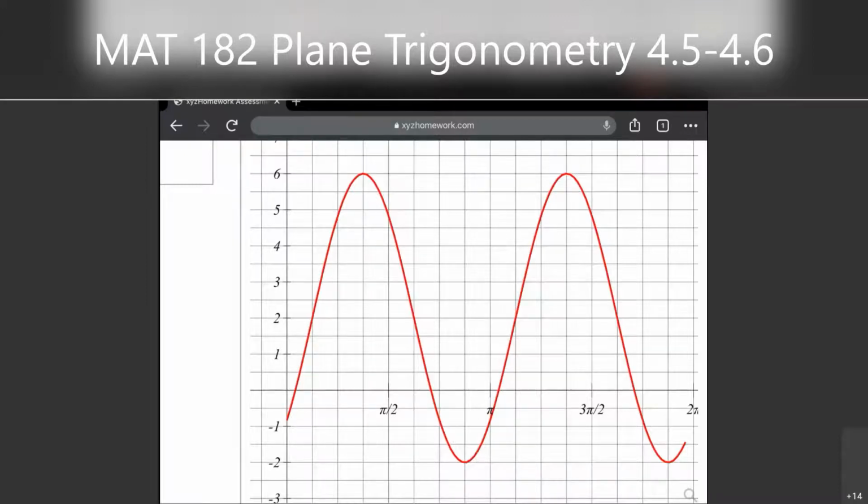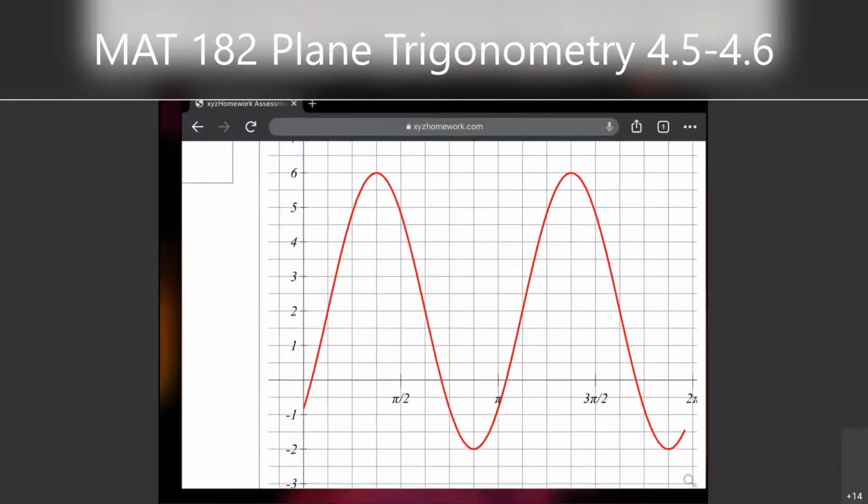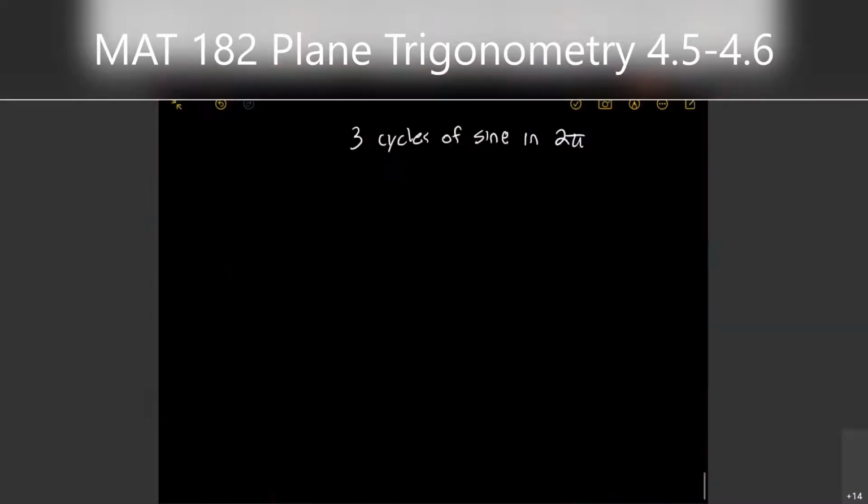Okay. So let's go to the blackboard and so the graph we have. I'll just draw this first cycle.